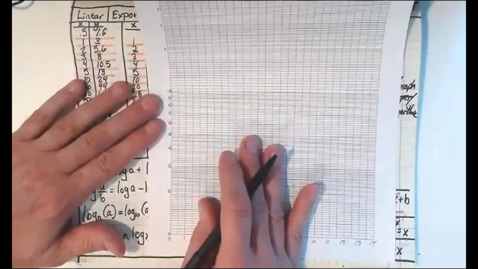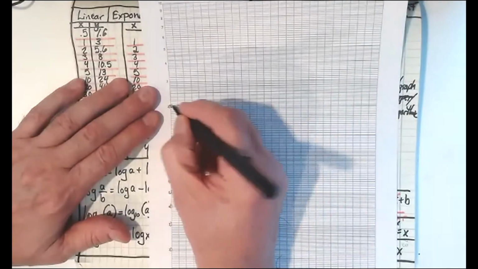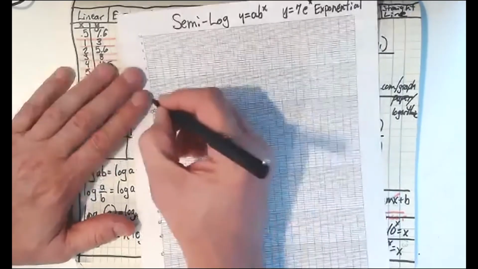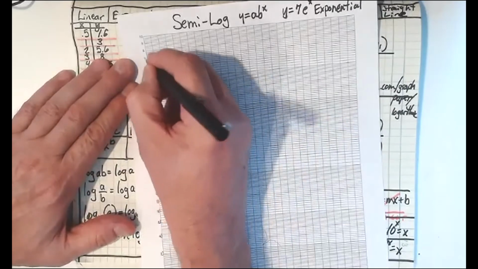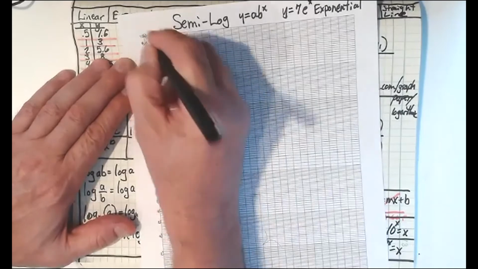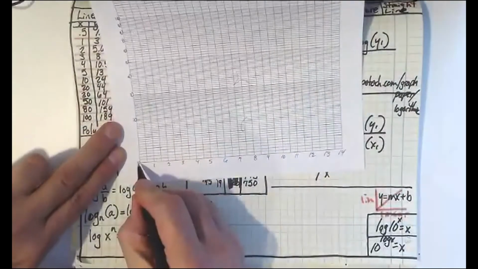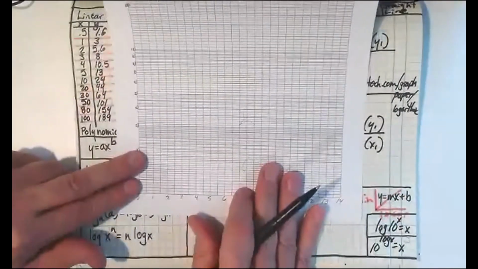Does everyone see how that goes? And then the next one up here would be 200, 300, 400, all the way up to 1,000. So my y-axis starts at 10 and it goes up to 1,000. Does everyone see how that works?